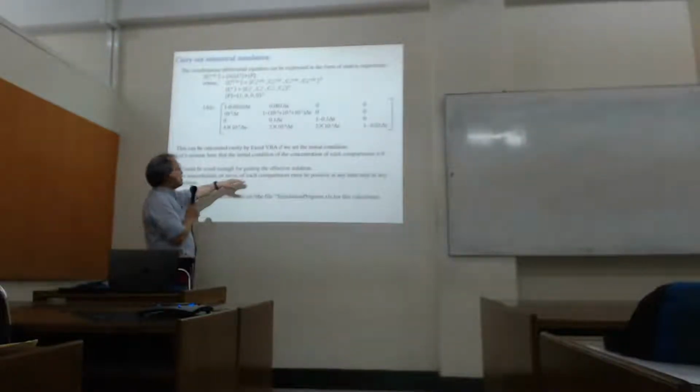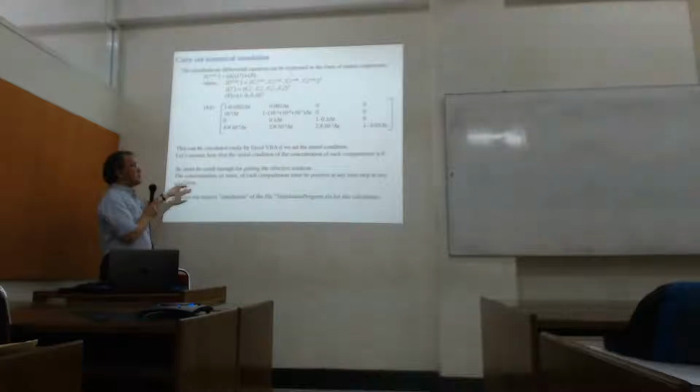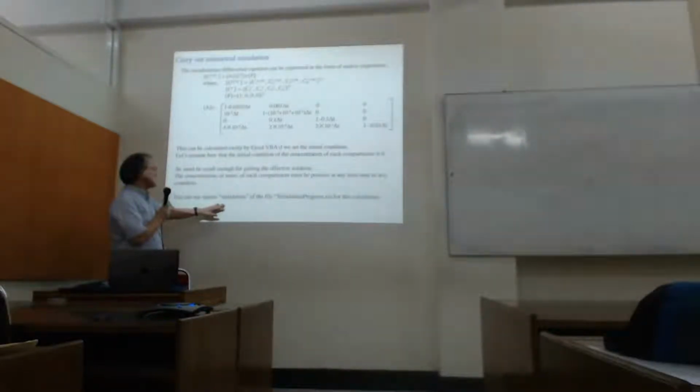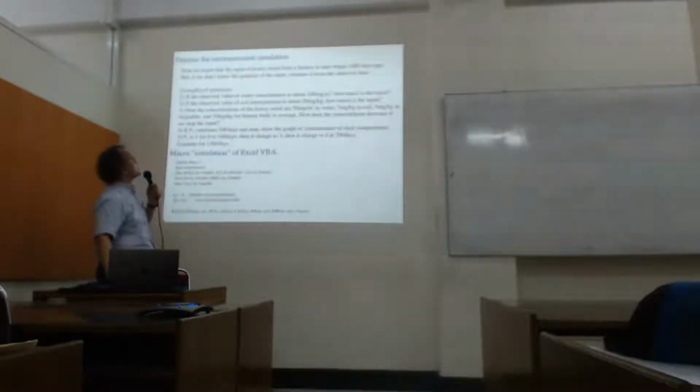The mass of each compartment must be positive at each time step. I will explain later. And you can use macro simulations of the program itself for this calculation. So these are examples you can make for the environmental simulation.